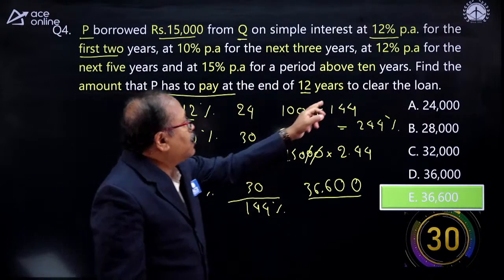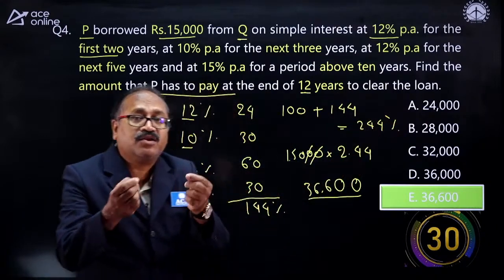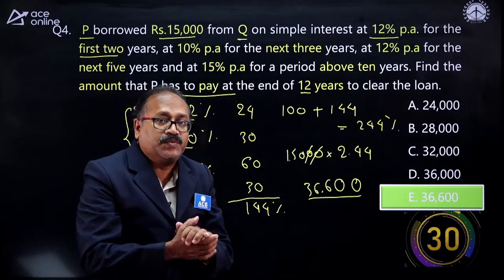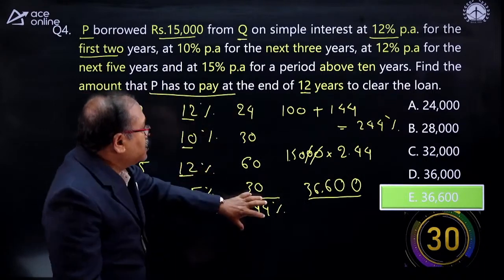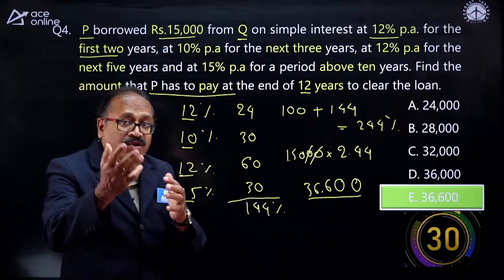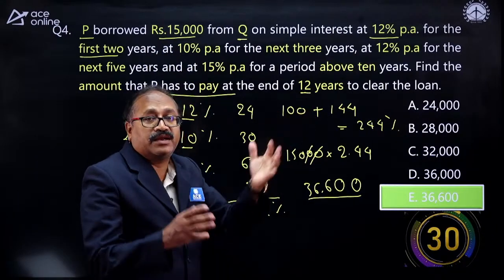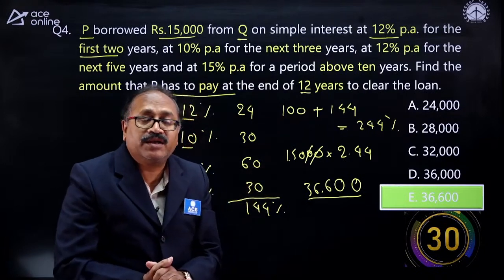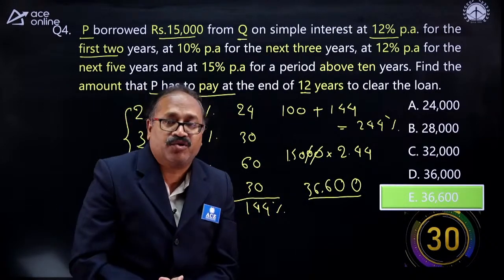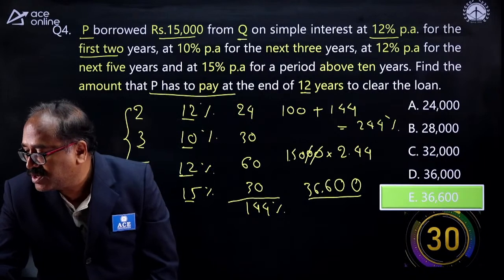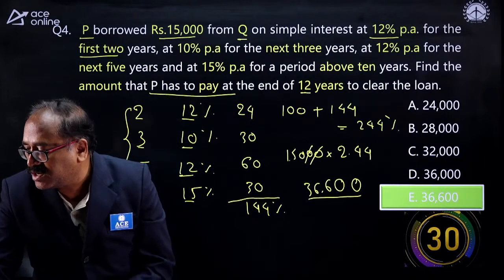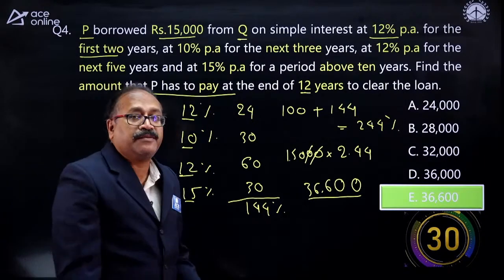As it is said, how much he has to pay to clear the loan, I need to add the principal also. So you can take the interest and add it on 15,000, or you can do 144 plus 100, that directly gives 244% where you get the amount. And I am very happy that Sumit sir, Aman ji and Anusha have rightly answered the question.